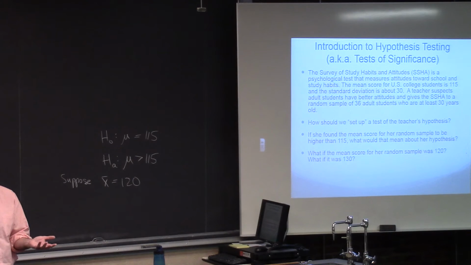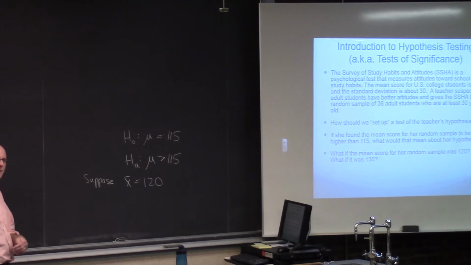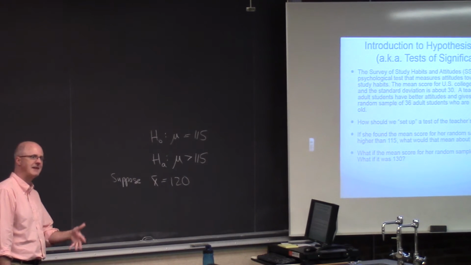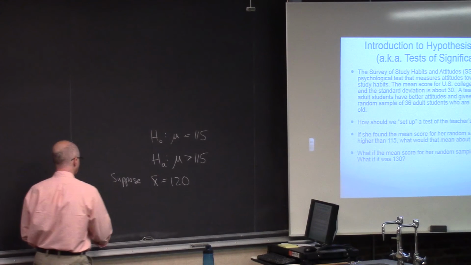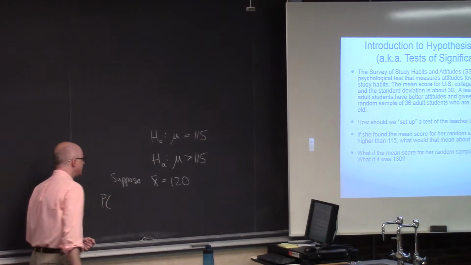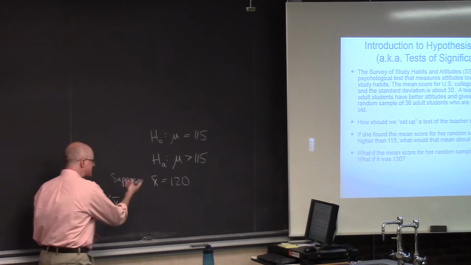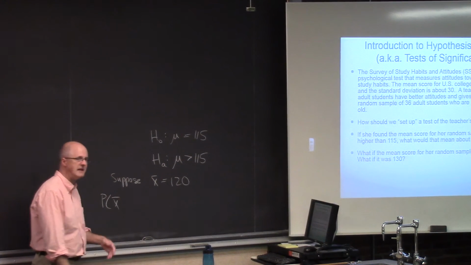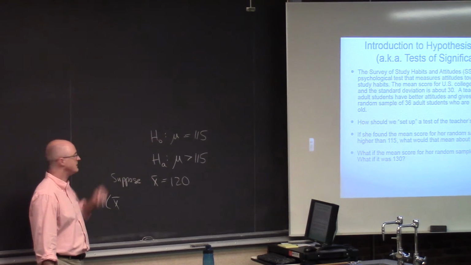It's really a conditional probability calculation, and I will emphasize that at first, but then after I emphasize that, I will ignore the vertical line with conditional probability. What's the probability, P, of getting an x bar of 120 or bigger, say, if the null is true, if mu is 115?